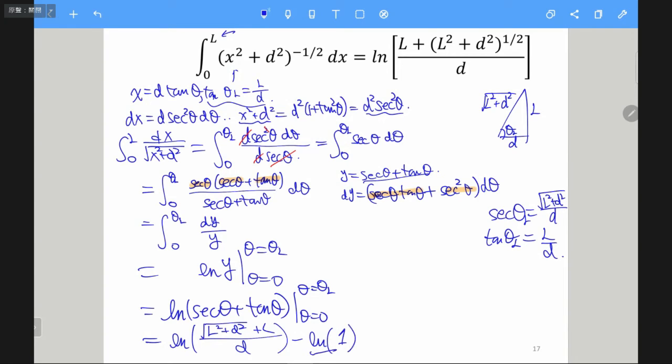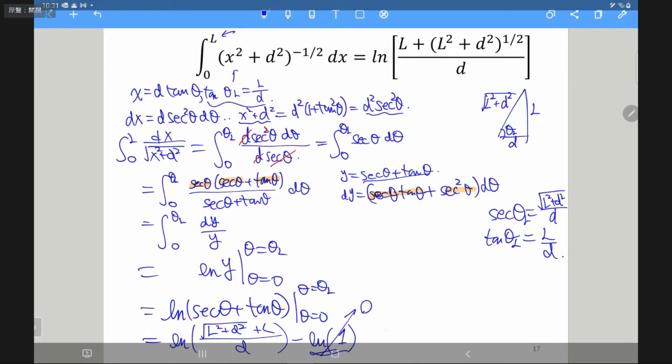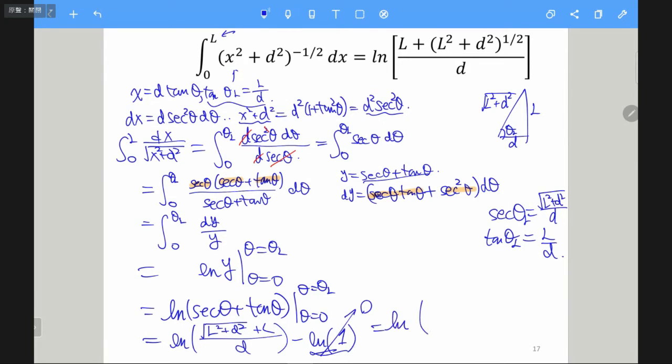So this one is 0. So it turns out to be the natural log of square root of L squared plus D squared plus L, all over D.